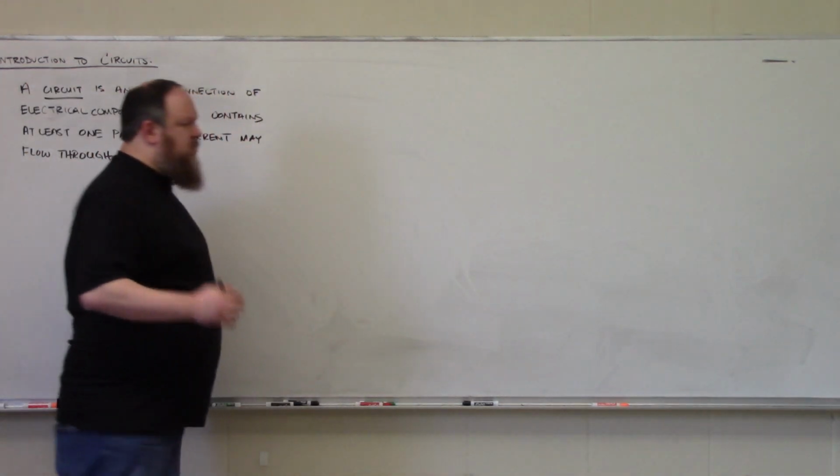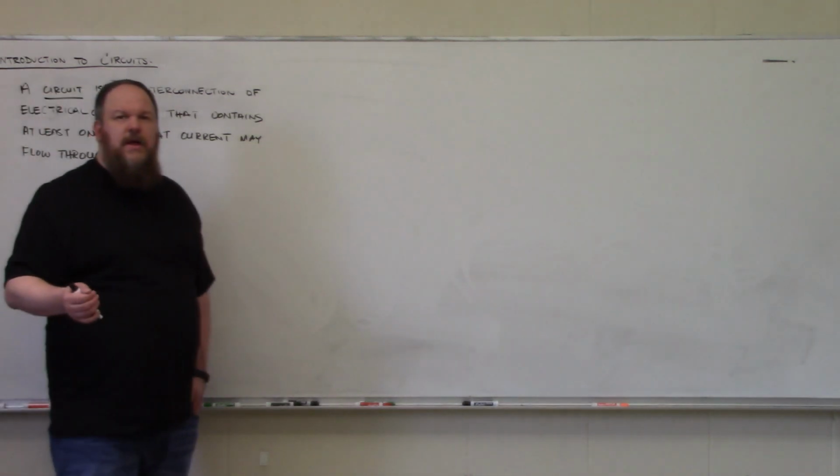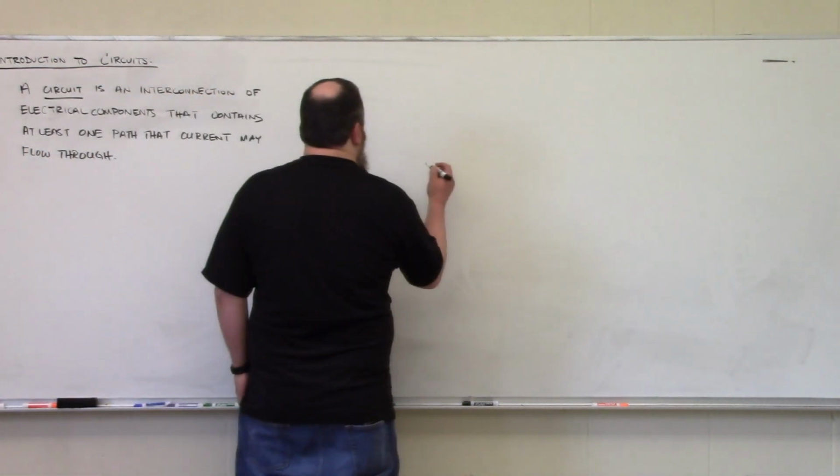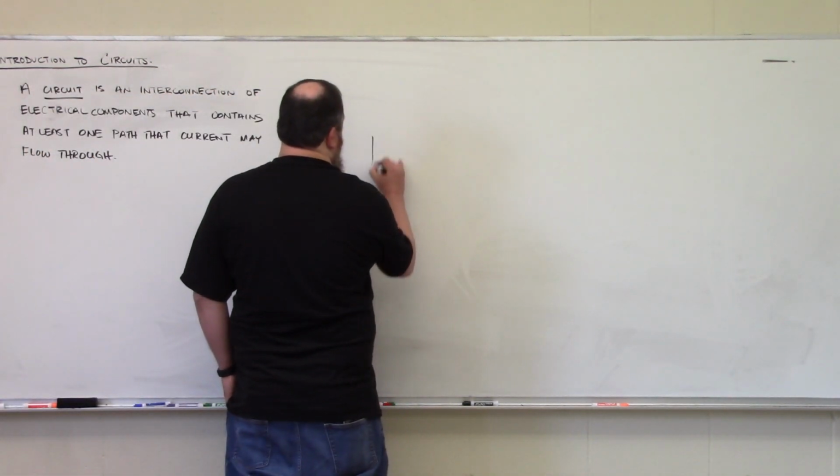So I'm going to draw an example of a circuit that is going to contain only general circuit elements. So for instance, we may have something that looks like this.